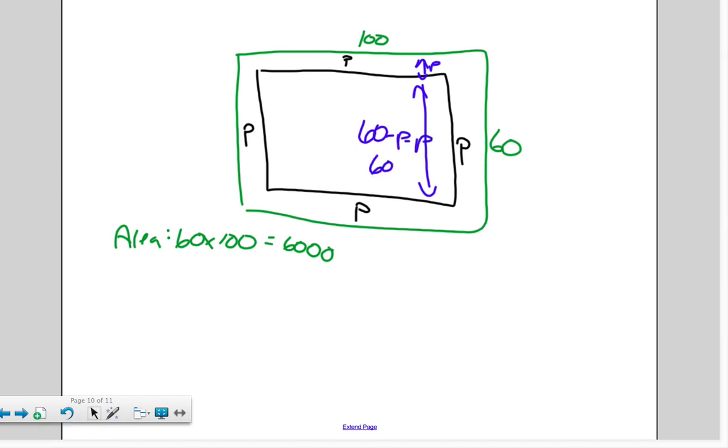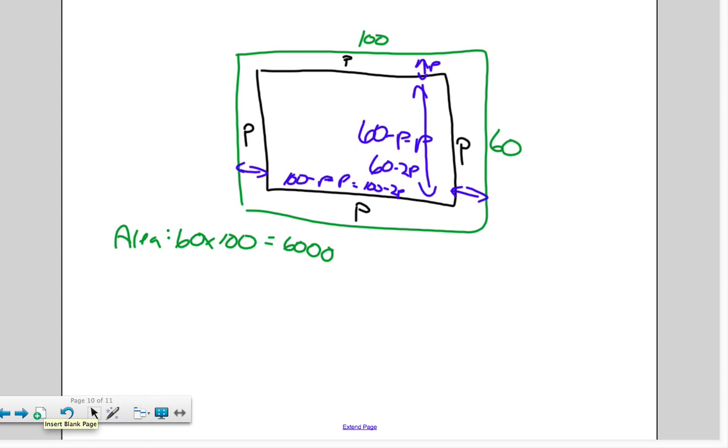So then we get 60 minus 2P. The same thing with the length. Here we have 100, but we subtracted this P, and then we subtracted this P. That gives 100 minus 2P. So that's how we got the dimensions of the inner rectangle.